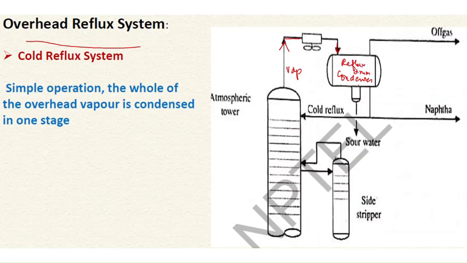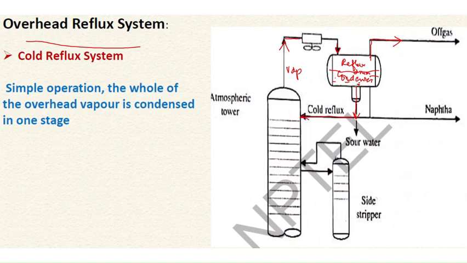Okay. So here cooling takes place. After cooling, what happens? The heavier cuts in this vapor will condense and form two phases. The non-condensable gases will be given off as the off gases, and the condensed heavier cuts will be taken and given back into the tower.